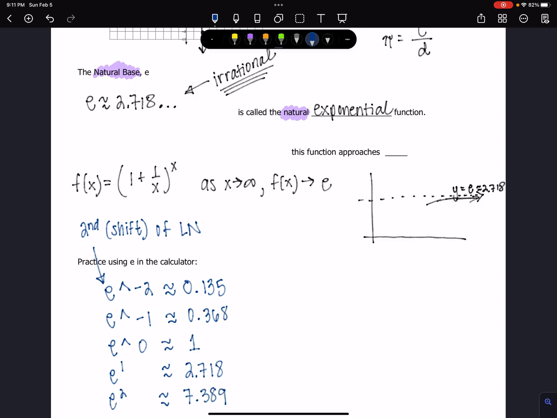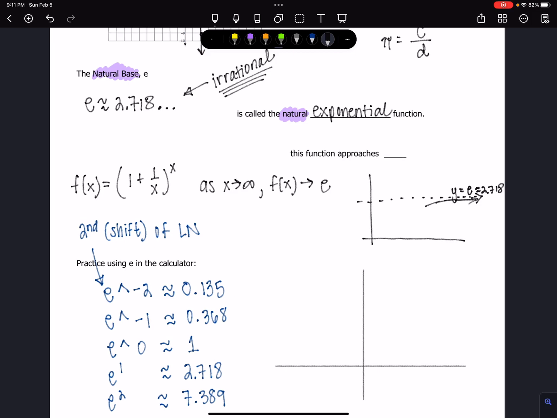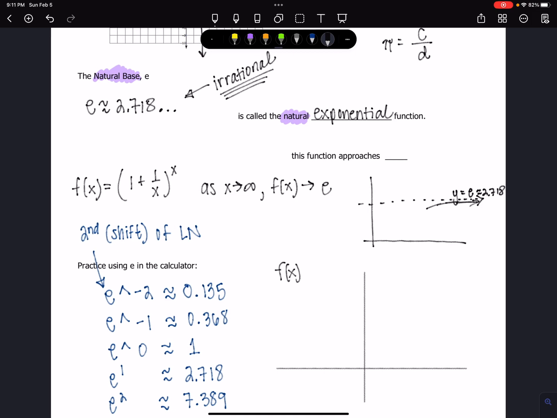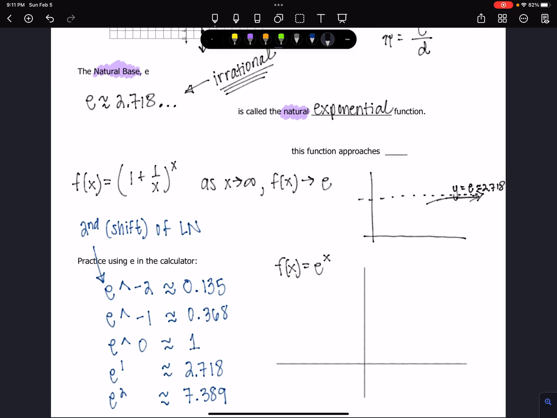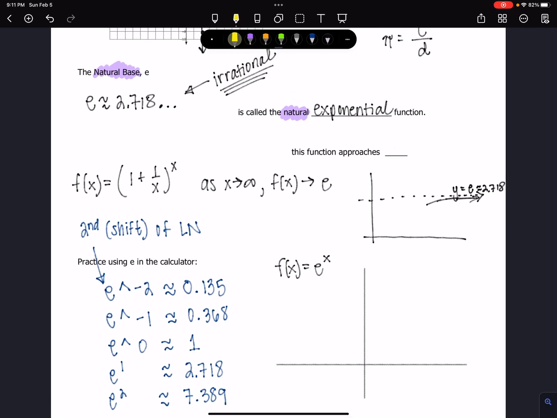So when we put this into a graph, if I want to graph f of x equals e to the x, and I put a negative 2 in, I'm going to get something like 0.135-ish. If I put a negative 1 in, I get a little bit higher of an output, 0.3-ish.